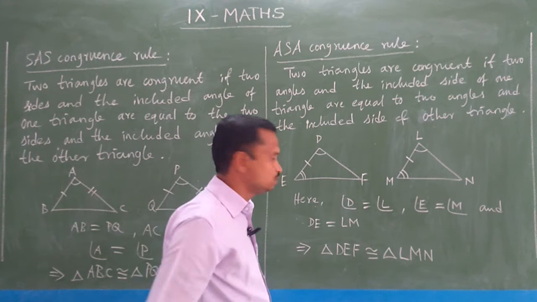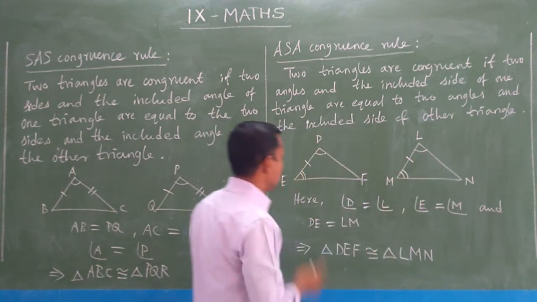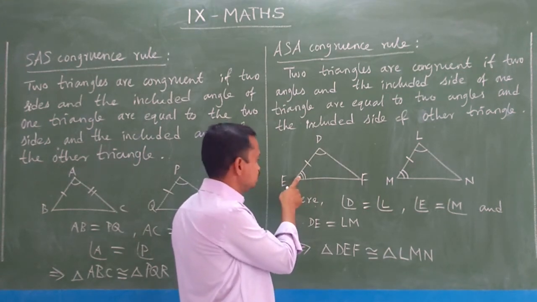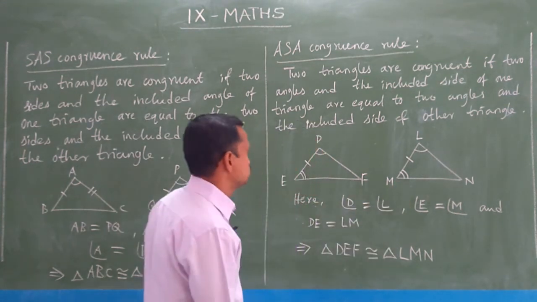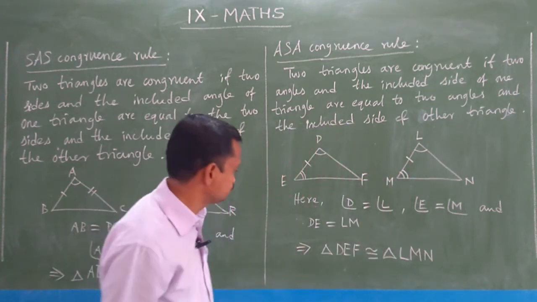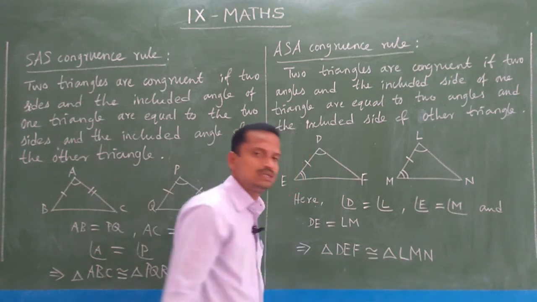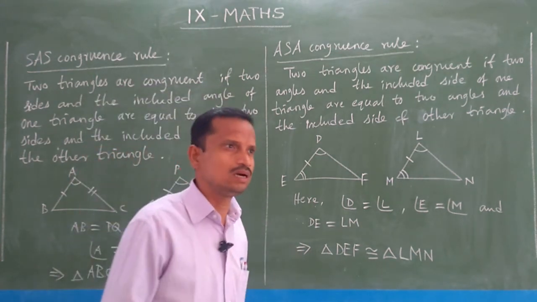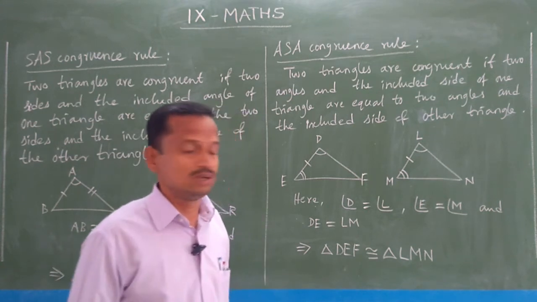In these two triangles, we have angle D equal to angle L, and angle E, double mark I have given for your understanding, angle E is equal to angle M, and one pair of sides, DE is equal to LM. So they are equal. So we can say triangle DEF congruent to triangle LMN. So that corresponding part should be equal. First of all, we learned what is correspondence in the 8th standard itself. You have learned it.